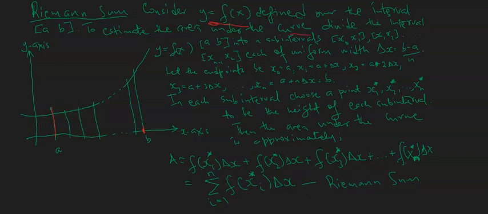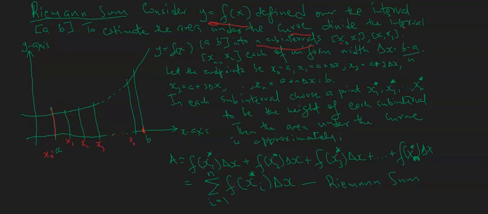we need to divide the interval [a, b] into n sub-intervals, which we shall call x0, x1, x2, and so on, such that a will be our first endpoint, x0. This is x1, x2, x3, and so on and so forth.